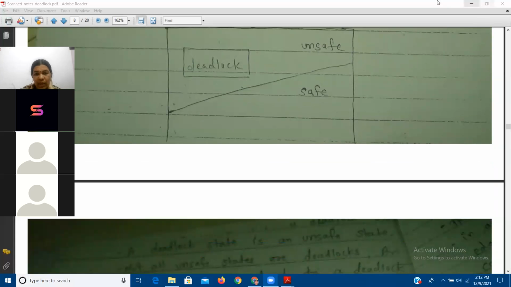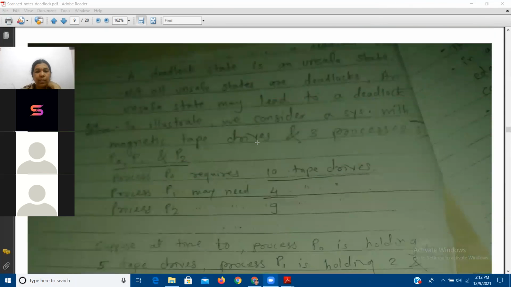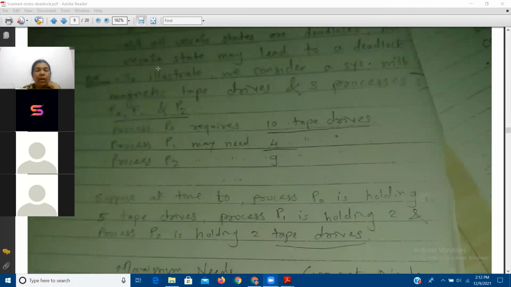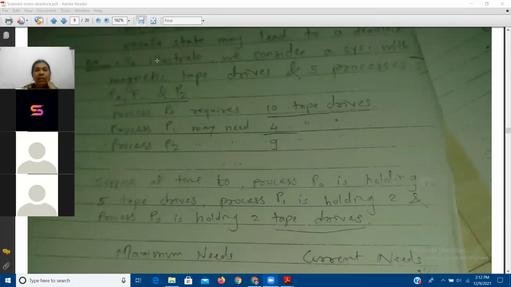Okay, and below that, you can note down yesterday's example. Yesterday we took this example of how to determine the safe sequence. Consider a system with 12 magnetic tape drives and 3 processes P0, P1, P2.